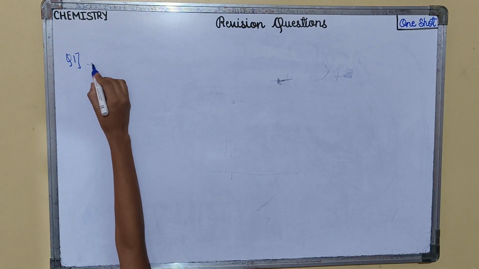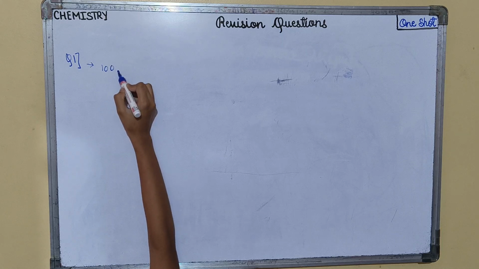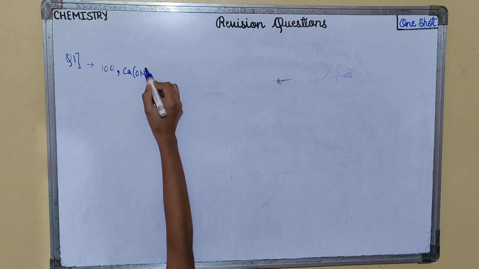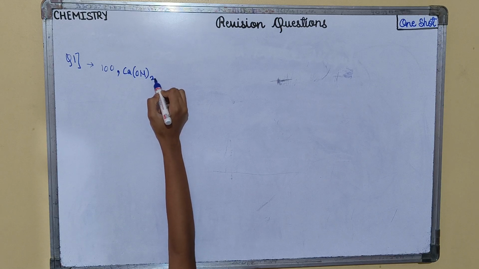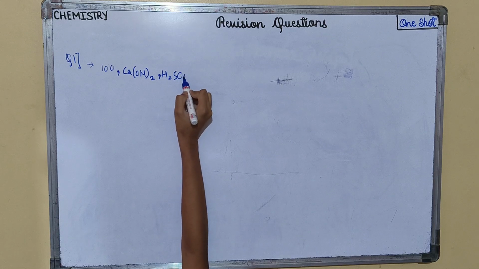Answer is ABC is equal to 100, Ca(OH)2 molecule, H2SO4.